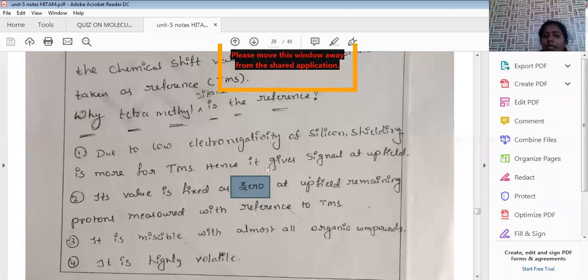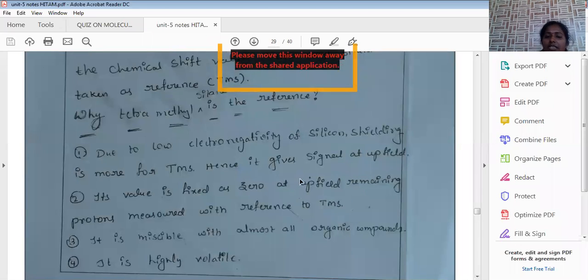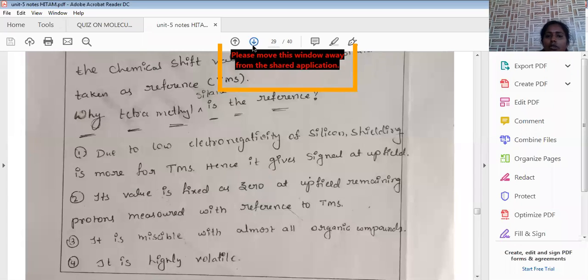Even though 12 hydrogens are present in this tetramethylsilane, it will give only one signal because all methyl groups are exactly equivalent. All are an equivalent set. Hence, its value is taken as 0 and it always lies at upfield only. So this is another reason for tetramethylsilane being taken as the primary standard or reference compound in this NMR spectroscopy.